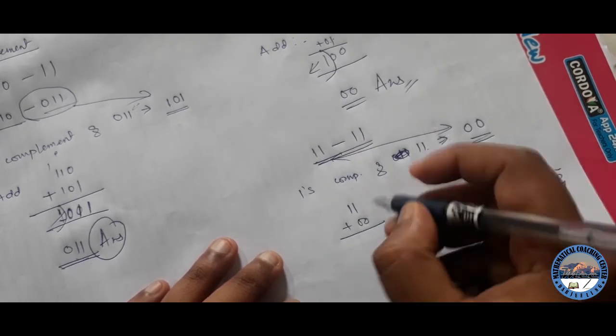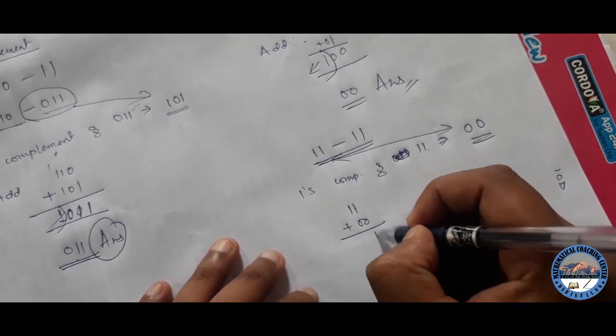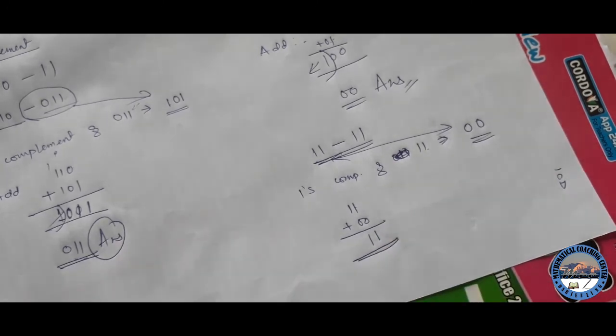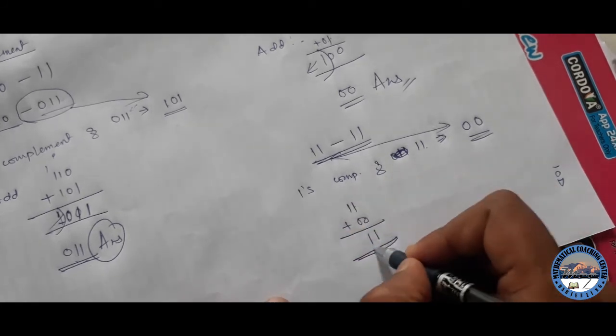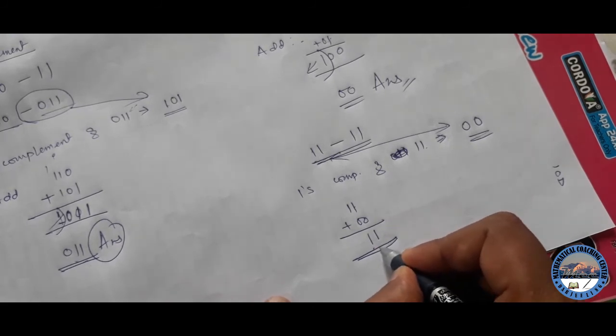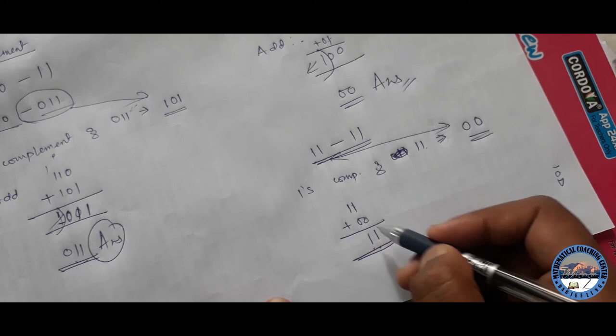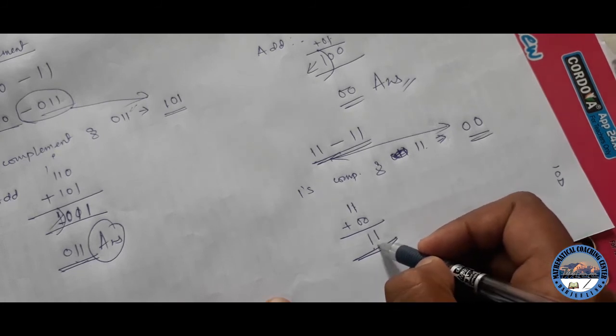So 0, 0. Now let's see. This is 1 and this is also 1. Now if there is no carry, you can check the rules. If there is no carry, then you have to find out the 1's complement of the result. There are two digits, and the answer is also in 2 digits.